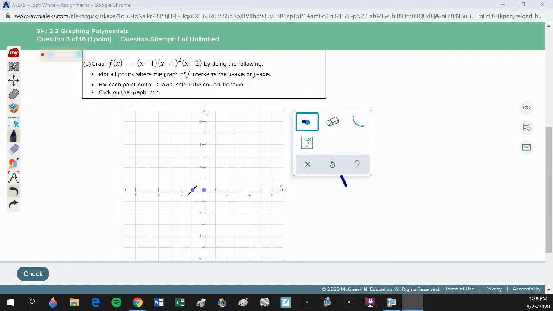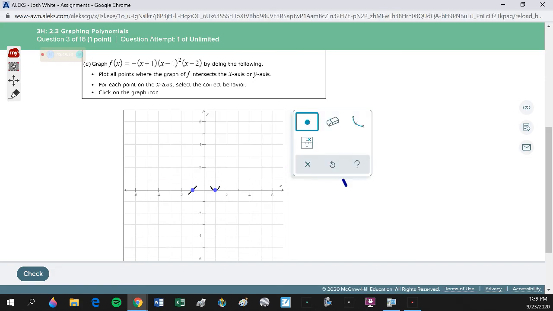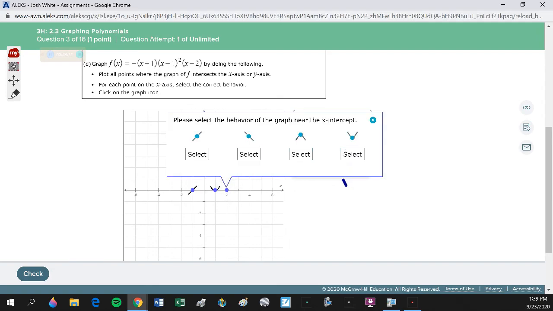Hold on, that point's in my way. It hits right there, and it's a bounce, an upward bounce. It hits right here. Okay, and it hits like this.